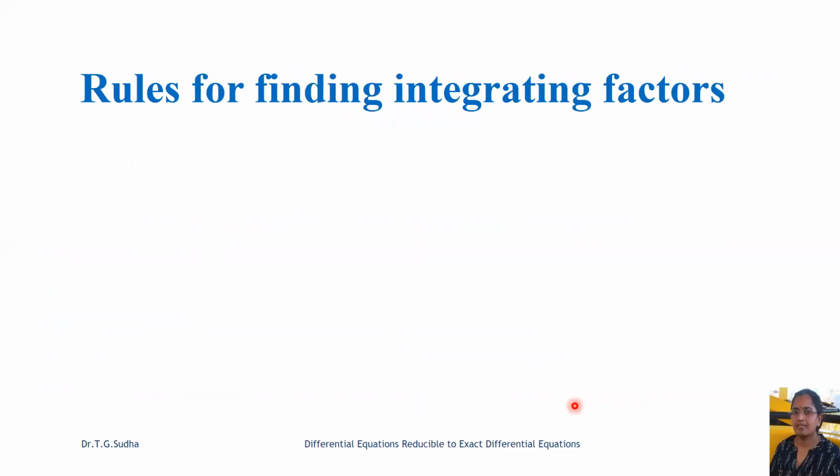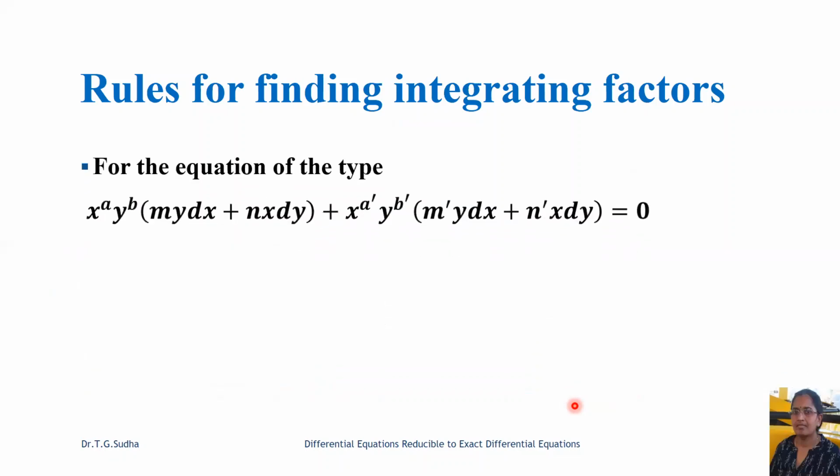Now let us look into the rules for finding the integrating factor for such equations. For the equation of the type just discussed, that is x to the power of a into y to the power of b into (m y dx plus n x dy) plus x to the power of a dash into y to the power of b dash (m dash y dx plus n dash x dy) equal to 0, the integrating factor is x to the power of h into y to the power of k.